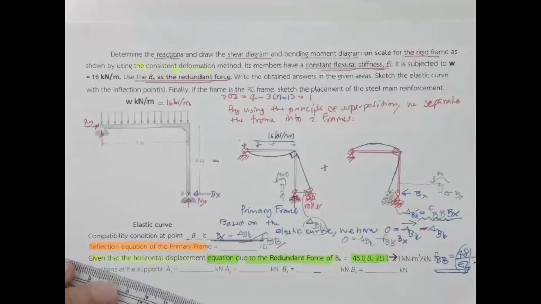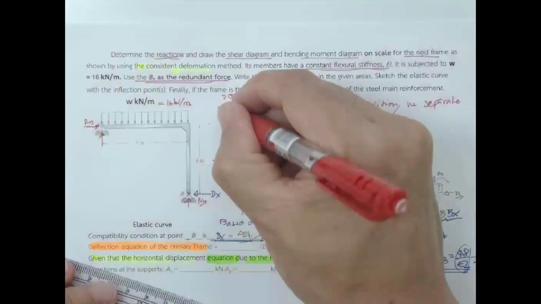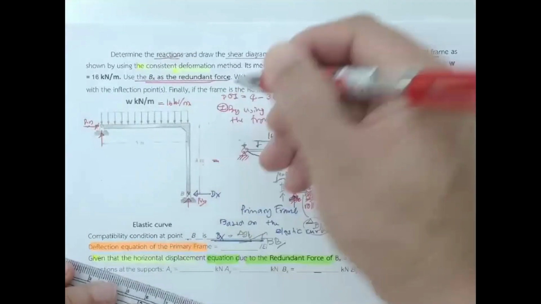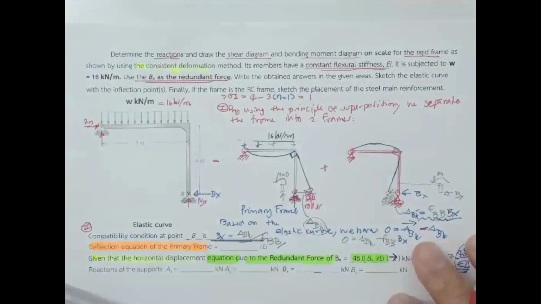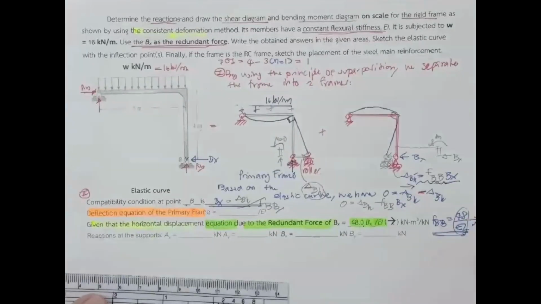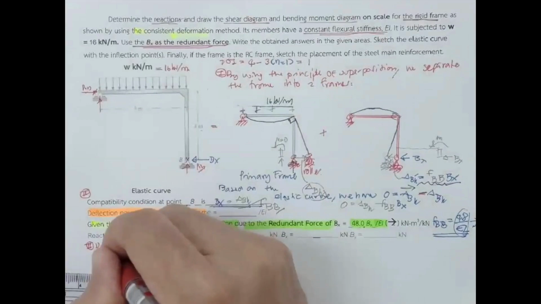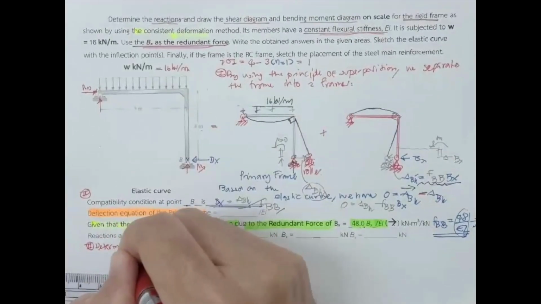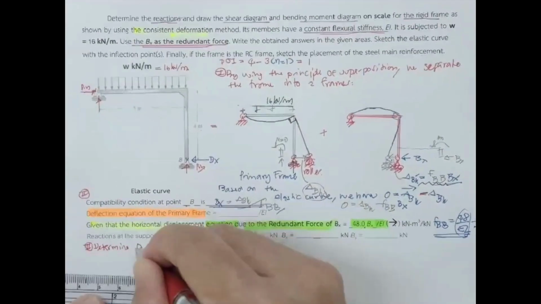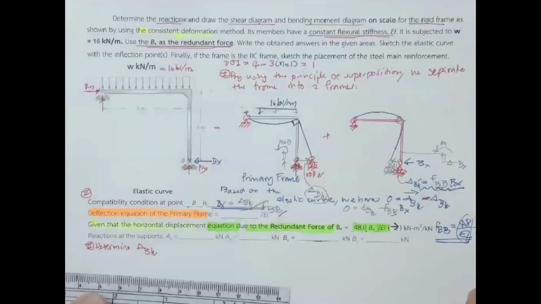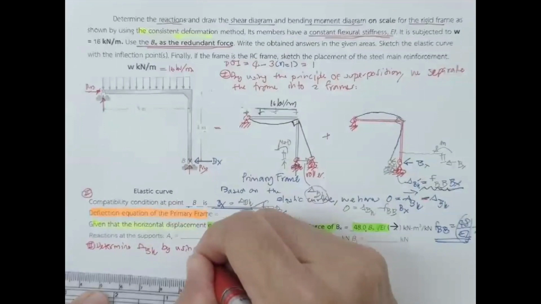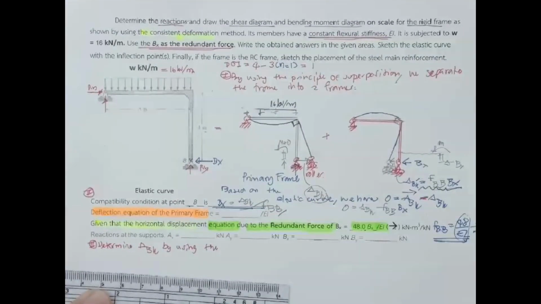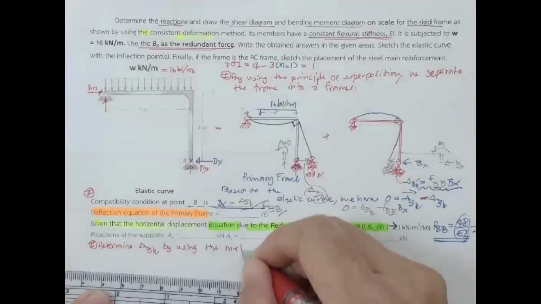You understand that, right? So when we put this one, it's going to be the first step. This is going to be your second step. And then the third step, you're going to determine delta sub BH by using the method of virtual work, or virtual method, depending on what you call it.